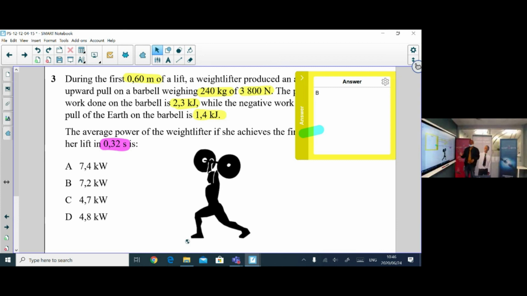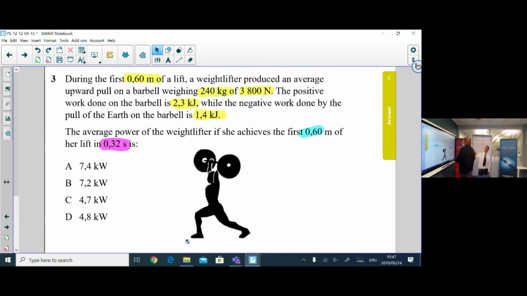Then look at what is given so that you can go straight to the formula of your choice. Which formula are you going to use? This time we have the average power, which is P average equals change in X over time. Your force is 3,800, then multiply by 0.60 divided by 0.32. Then you can get number B.